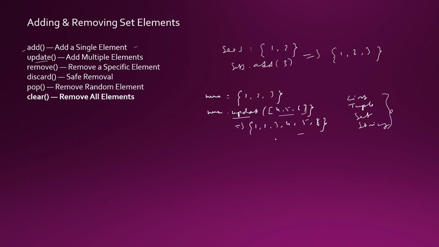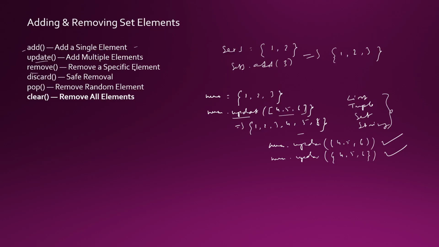That means if we write num dot update, and within this, instead of a list, we write something like this, 4, 5, 6, this is also applicable. If we write num dot update and within this we pass a set that is 4, 5, 6, that is also perfect. So the update function can take any kind of iterable data type.